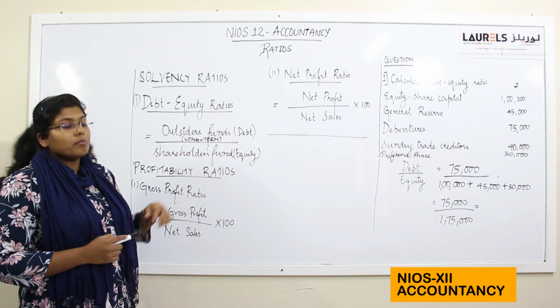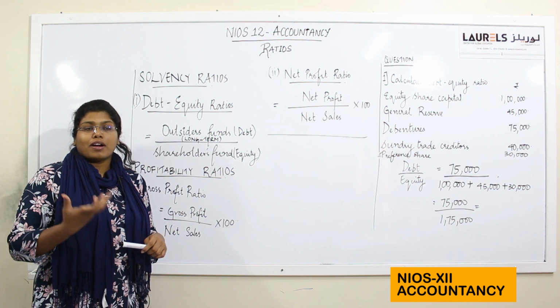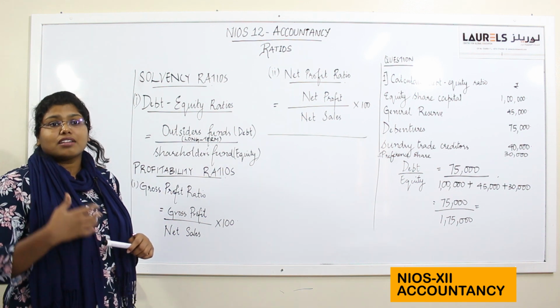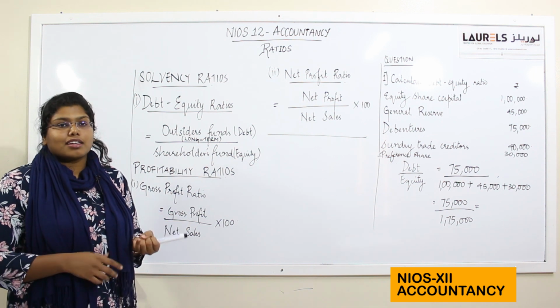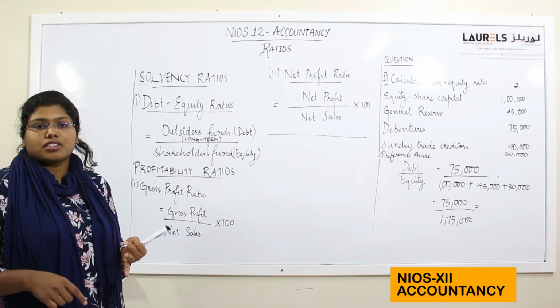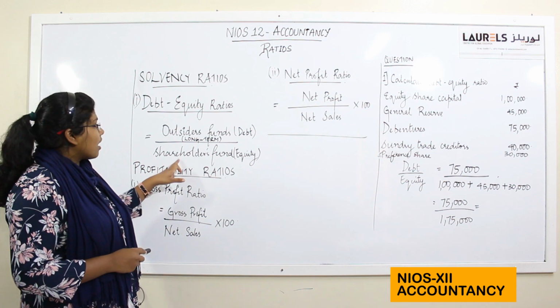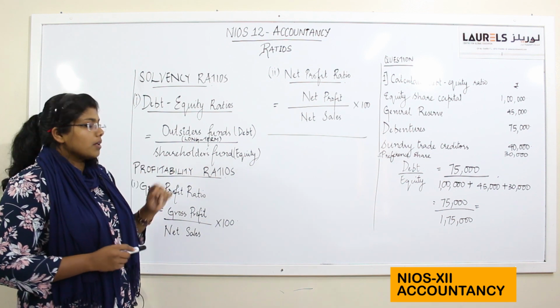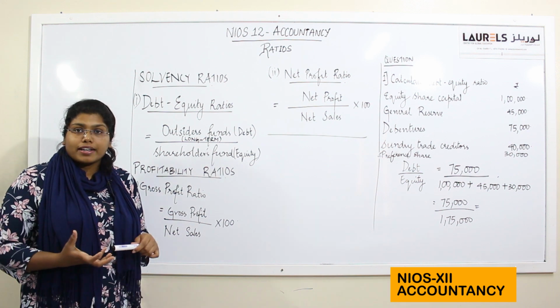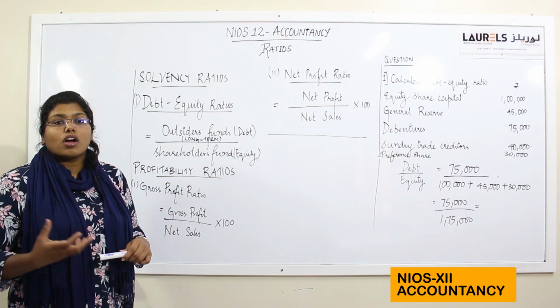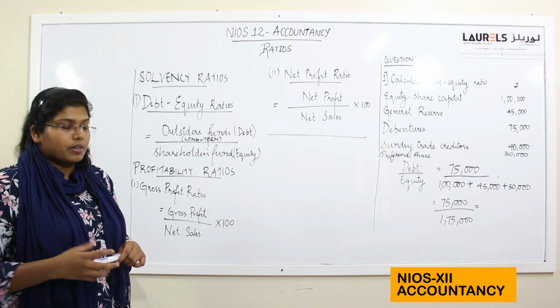Outsiders fund means the amount of money that you raise as capital from outside the firm, not from your business but from outsiders. It can be a bank or any other financial institution. And shareholders fund means the amount of capital provided by the shareholders, the owners of the company.